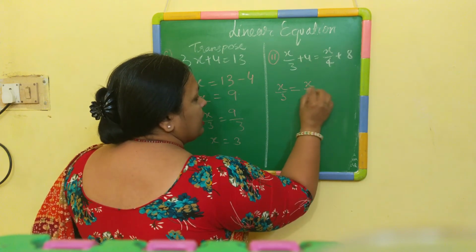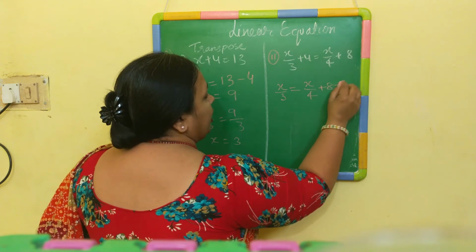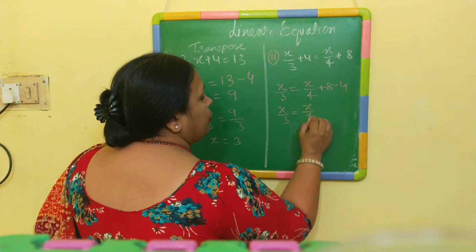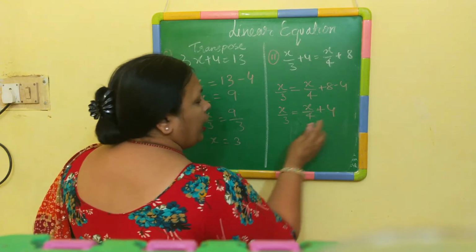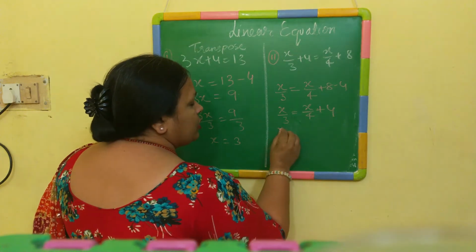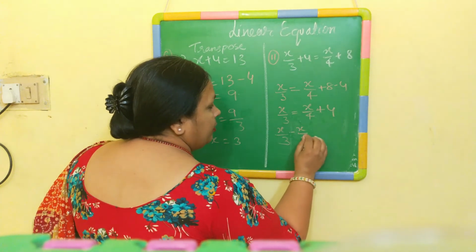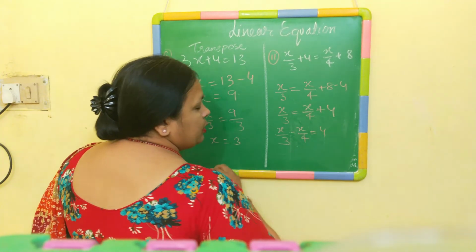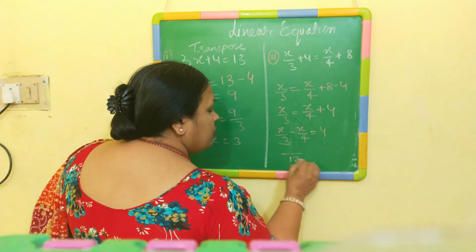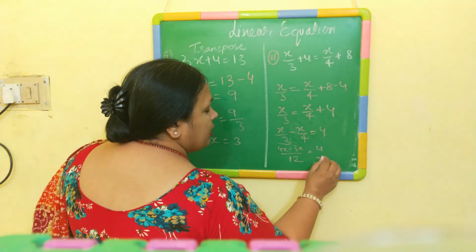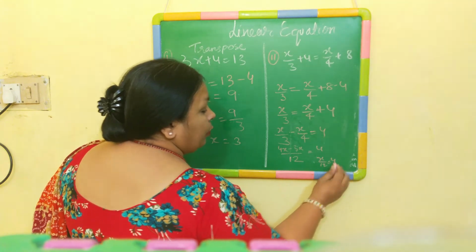Now x by 3, we are going to again transport this 4 towards this side. So this becomes x by 4 plus 8 minus 4, that is x by 3 is equals to x by 4 plus 4. Again we are going to transport this to this side, that is plus sign will change as minus sign and 4 will remain as positive. Now denominator is 12, 4x minus 3x is equals to 4. Hence x by 12 is equals to 4.